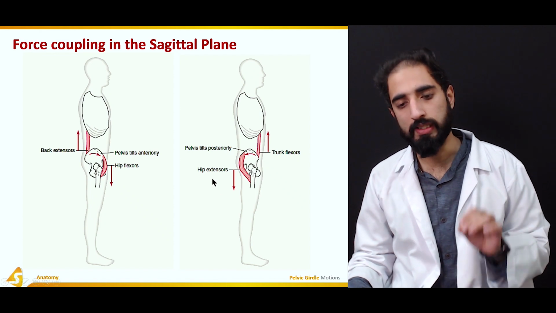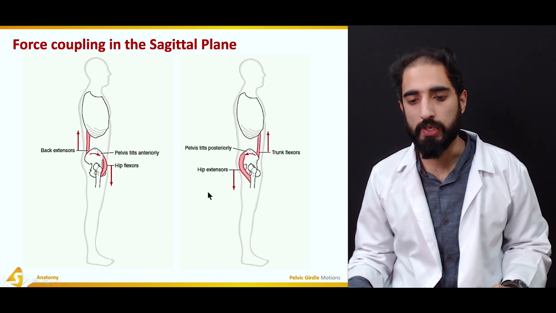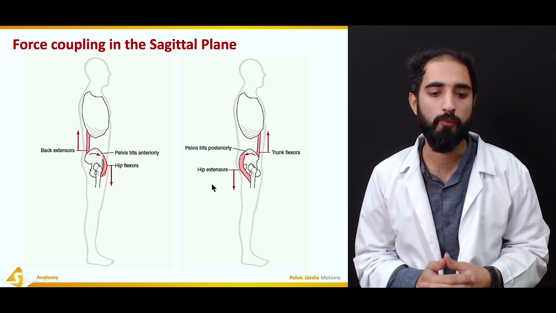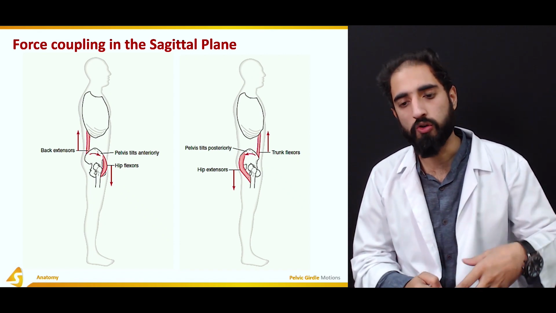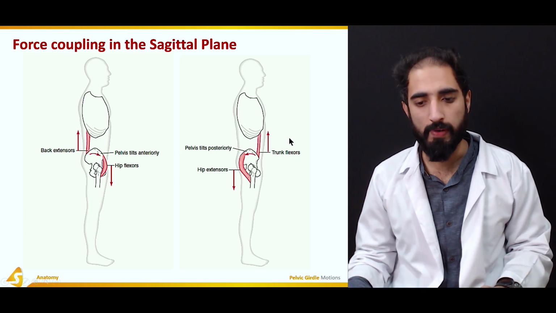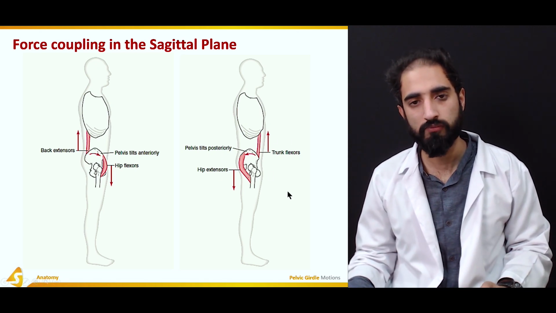Now, what happens in the lower cross syndrome, the muscles which are prone to get tight are the hip flexors and back extensors, and this couple actually supersedes or dominates the posterior pelvic tilting couple.